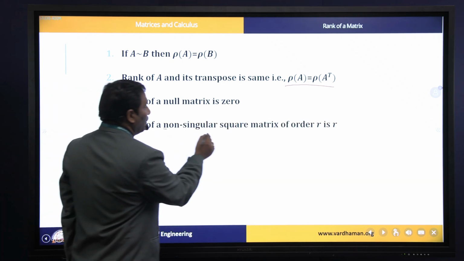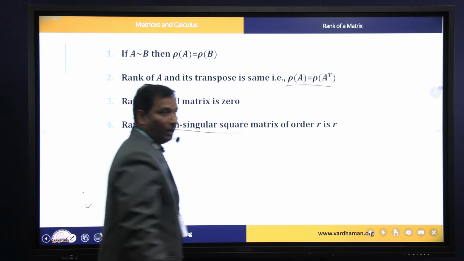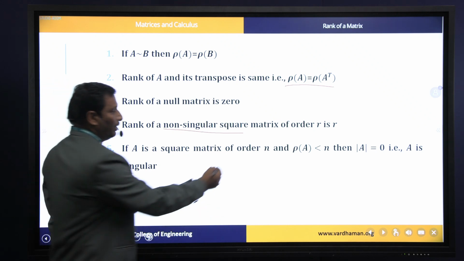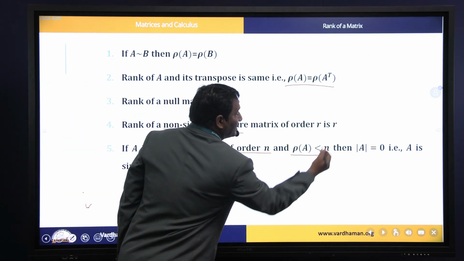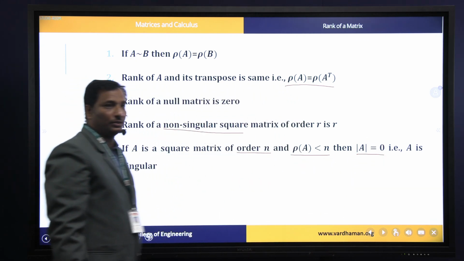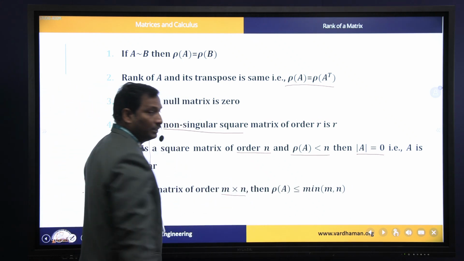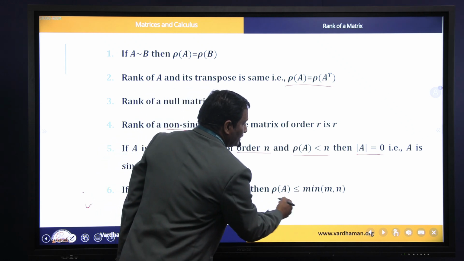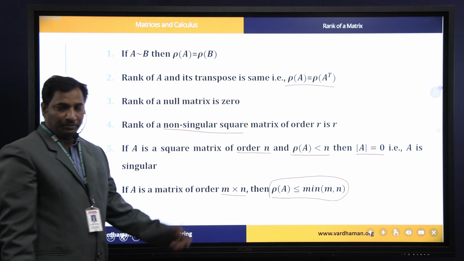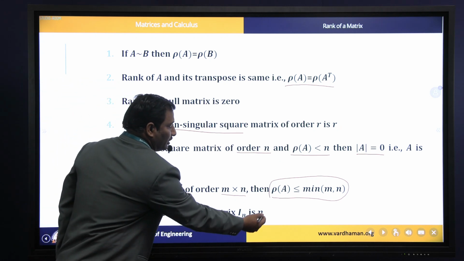The rank of a non-singular square matrix of order R is R. If A is a square matrix of order n and the rank of A is less than n, then it is said to be a singular matrix, that is, det A equals 0. If A is a rectangular matrix of order m by n, then the rank of A is always less than or equal to the minimum of m comma n. The rank of an identity matrix of order n is always n.